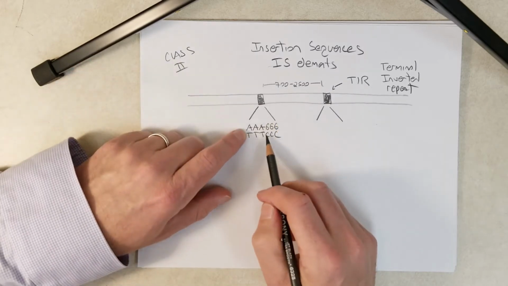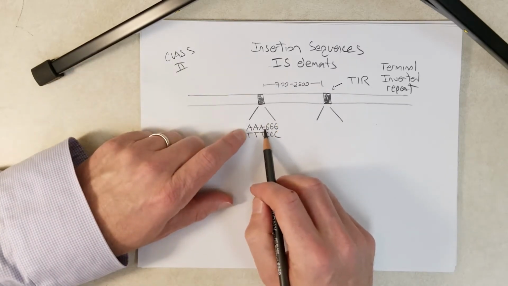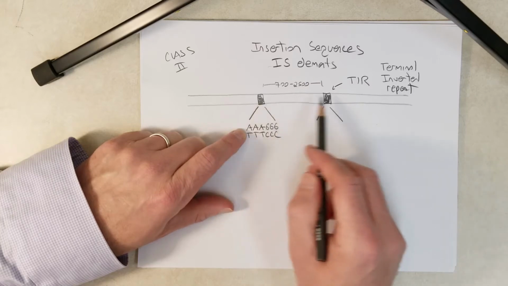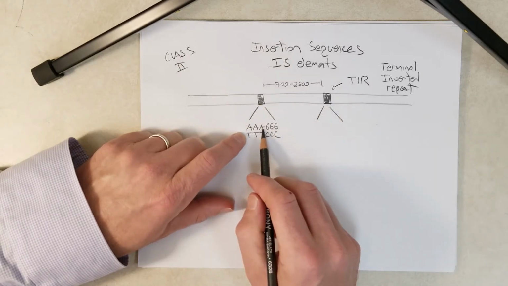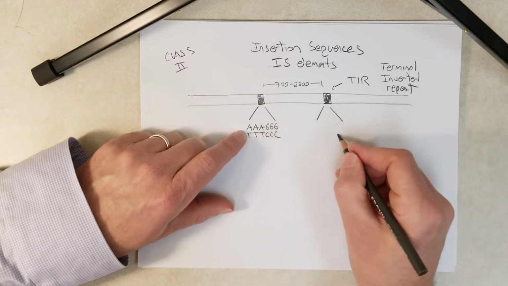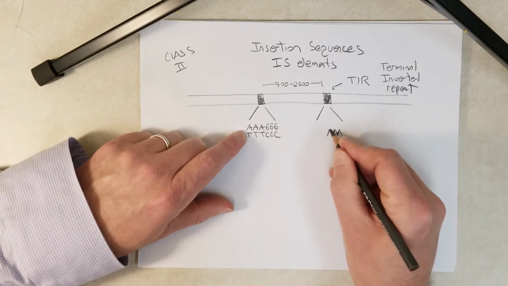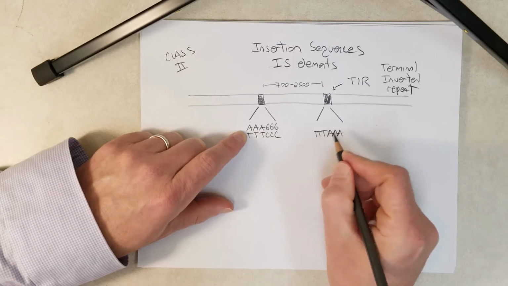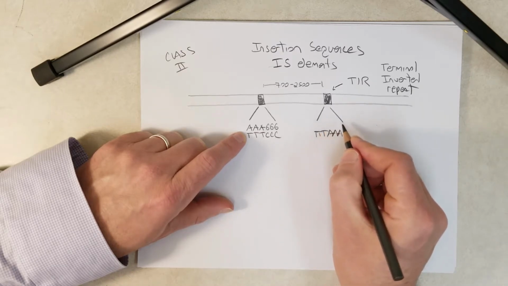Now, if this is one member of a terminal inverted repeat, the other side is going to have the same sequence, just inverted. So the AAA is going to be down here, and TTT over here, and then, oh, did I say that?